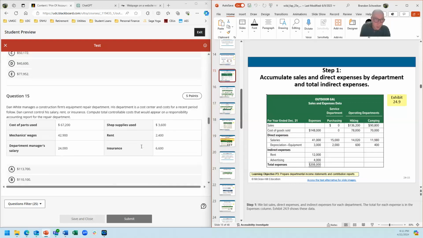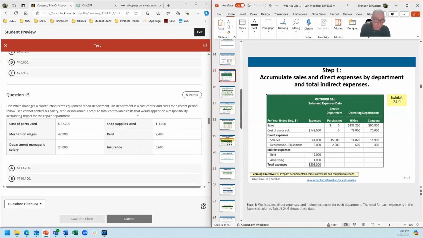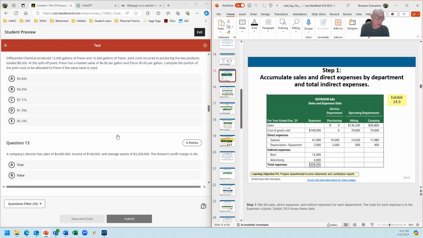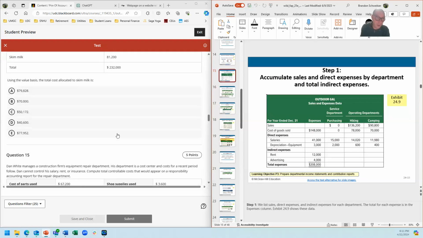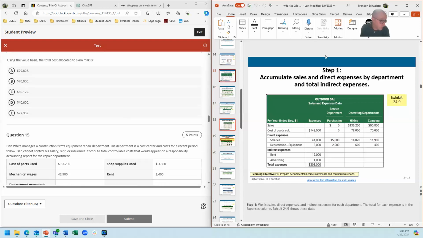Somewhere around there. And question 15, controllable costs by department. Actually, it's very similar to the example. So questions 11, 12, 13, 14, and 15 are going to come from chapter 24.